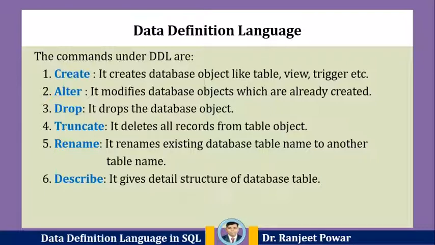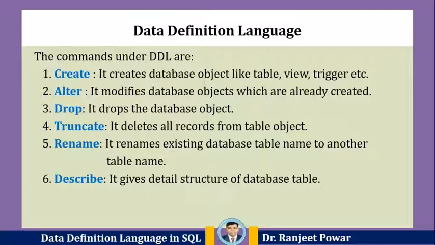The first command, create, creates database objects like table, view, trigger, sequence, synonym, cursor, procedure, etc. The second one, alter table, modifies database objects which already exist. Then the drop command drops the database object, means it deletes the existing database object from the database permanently.